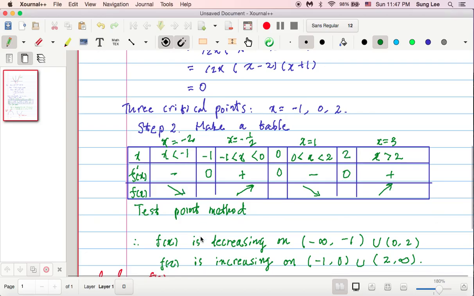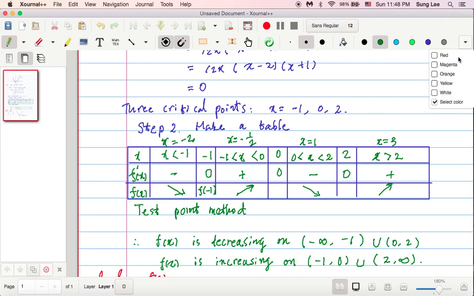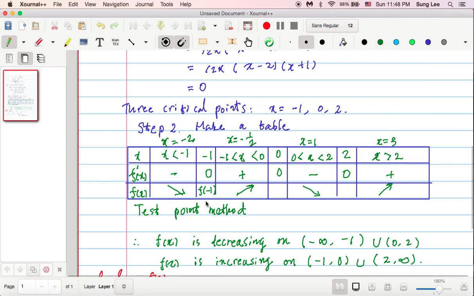You can easily see that f of negative 1 is going to be a local minimum. So that's f of c, f of negative 1. I'm going to use red color. So that's a local minimum.